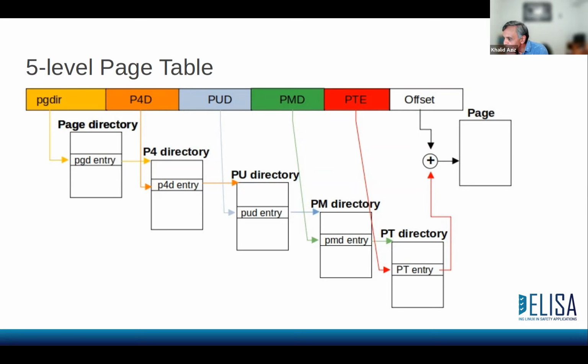So I see another question. Is there any safety benefit in using mshare? The safety benefit, and this actually came from the database guys. One of the things the database guys wanted was the space saving that page table sharing brings, but they wanted to be able to change the page attribute.